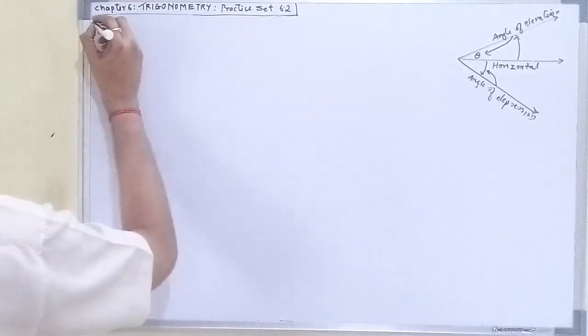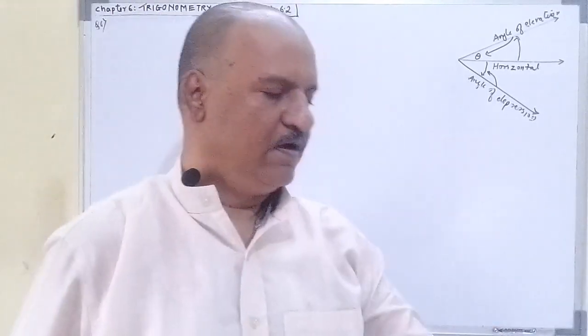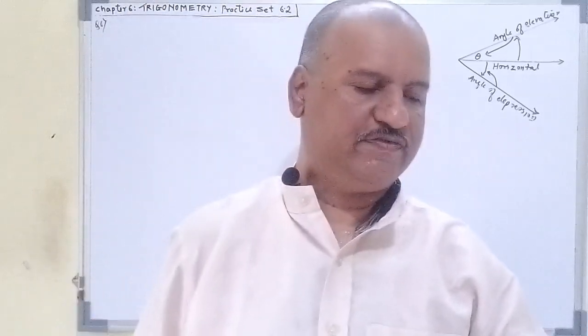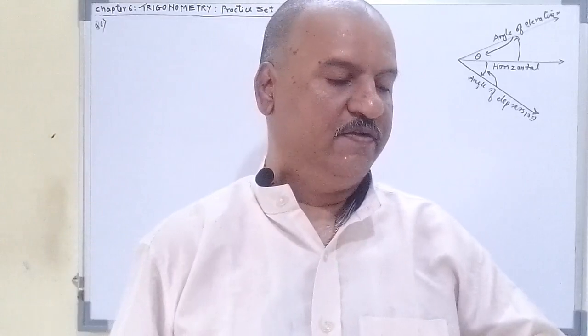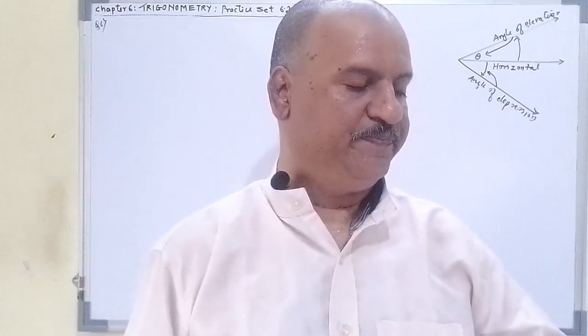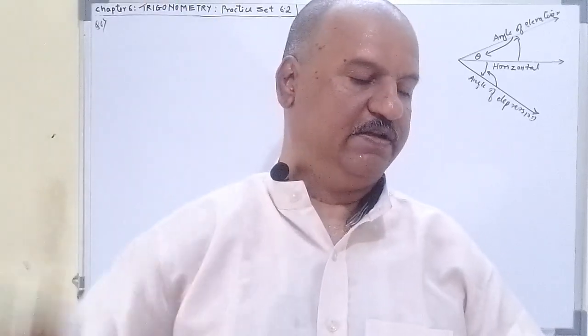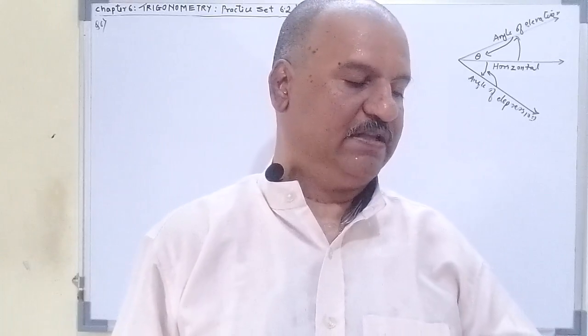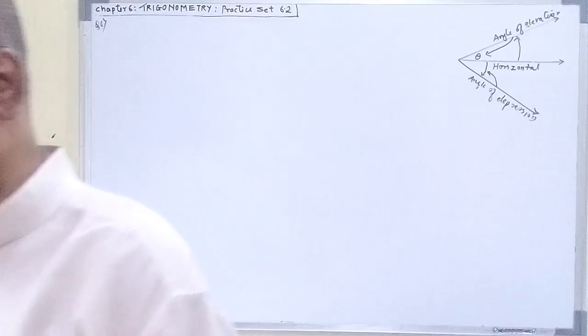Let's do question 6. A kite is flying at a height of 60 meters from the ground. The string attached to a kite is tied to the ground. It makes an angle of elevation 60 degrees with the ground. Assuming that the string is straight, find the length of the string. The value of √3 is given.